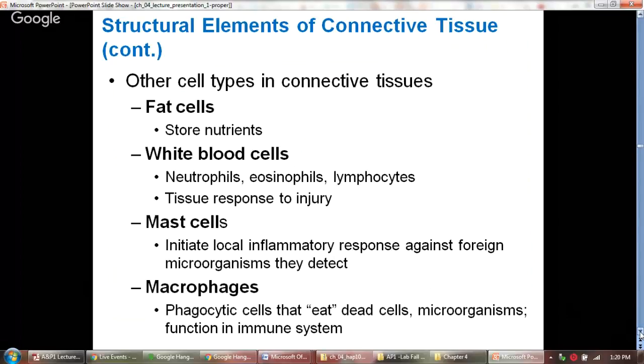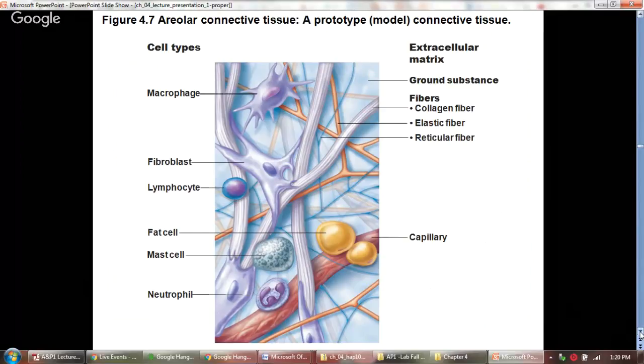If you look at this figure, you would see different types of cells and different types of fibers: the collagen fibers, the thick tensile fibers, the thin ones would be the elastic fibers, and the branched ones would be the reticular fibers.